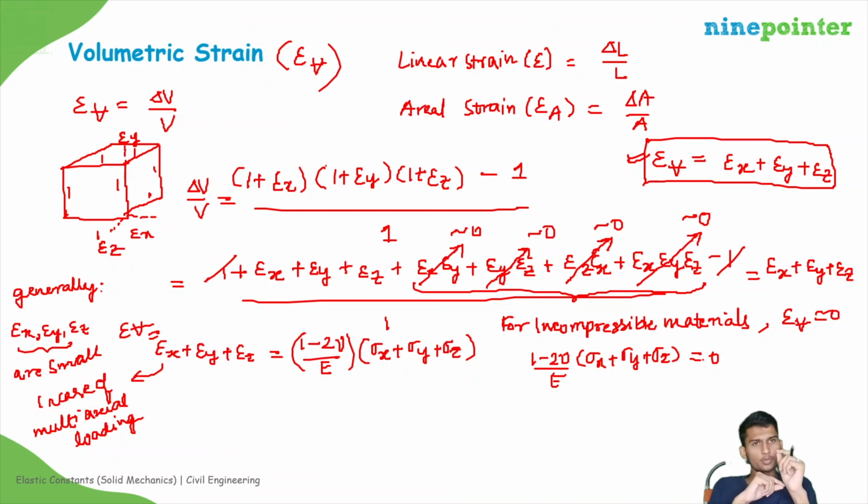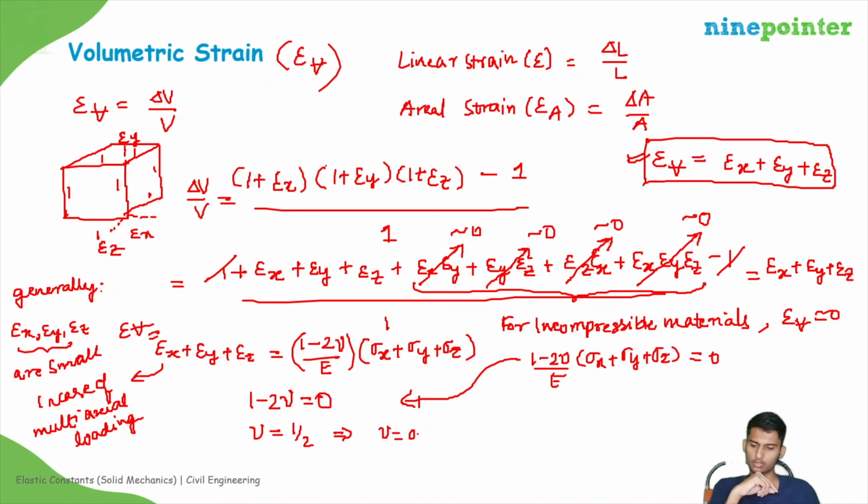So the only possibility left is 1 minus 2 nu is equal to 0. From this we get nu is equal to half, that is nu is equal to 0.5. So for incompressible materials, the Poisson's ratio is 0.5, right?